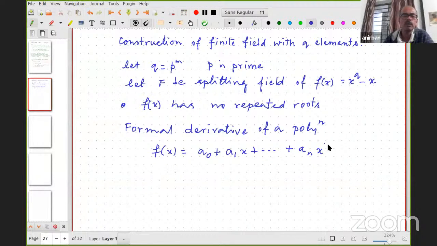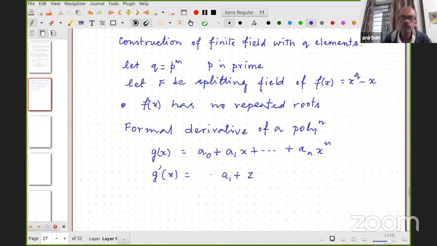Because f(x) we are already using, just change it to something else, g(x). So if g(x) is an n-degree polynomial, a naught plus a1 x and so on, over some field, then the formal derivative g prime of x is defined to be just what you would like it to be. So just take the derivative as if you are looking at a real polynomial, and use that formally.